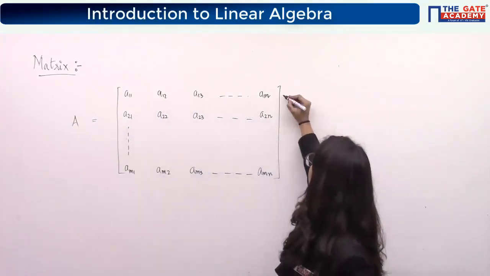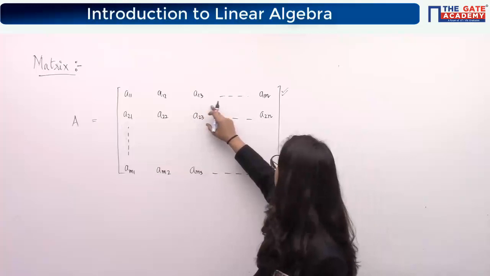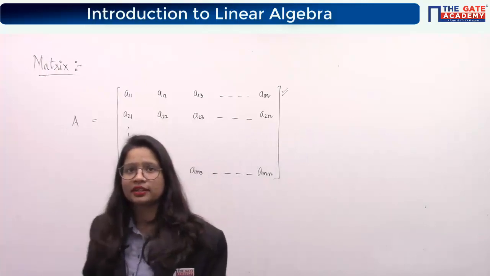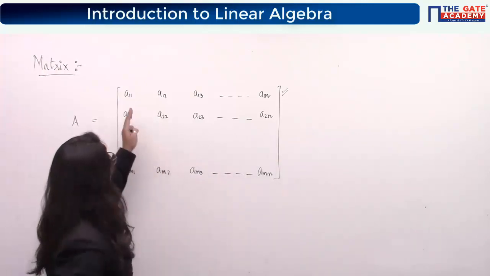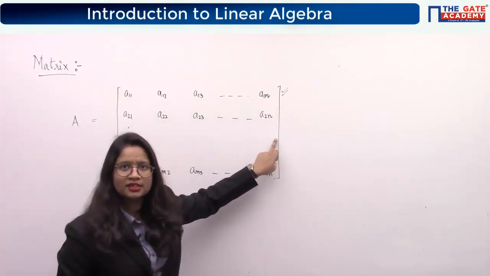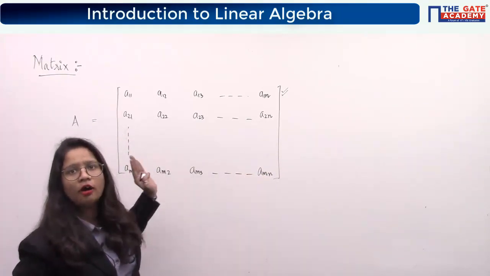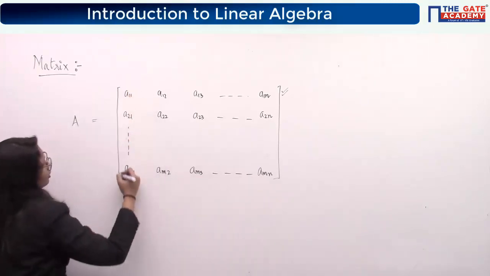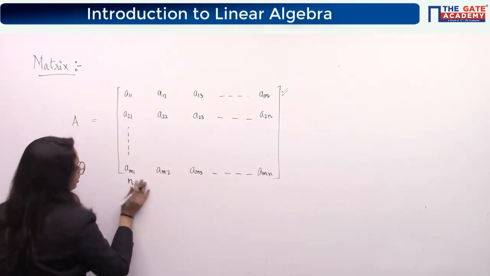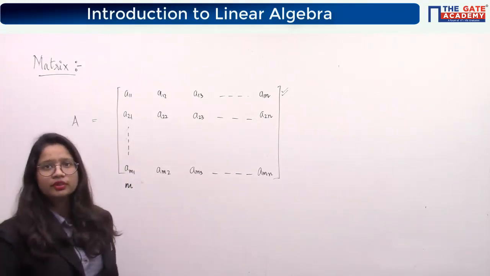For row 1, how many elements are there? Reply to me, first row, how many elements are there? Obviously there are n elements, A11, A12 up to A1n. Similarly for the second row you have n elements, and similarly for the last row you have n elements. Okay, understood. How many columns are there? In a particular column there are total m elements, and the number of columns is n.